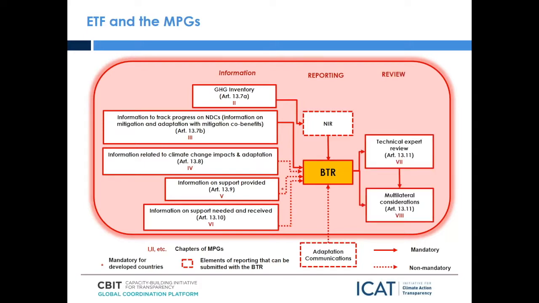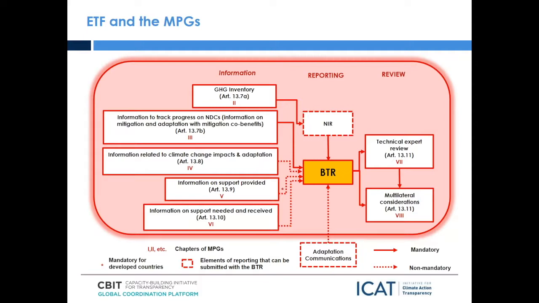Finally, in the right part of the figure, we have now the review process. In fact, the BTR and the NIR, if it's not included in the BTR, are the key inputs for these two elements under the column review, which consist of the technical expert review and the multilateral consideration of progress. And the MPGs also provide information on these two processes, and as you can see from the Roman numerals, they stand for the chapters of the MPGs that provide the information on these requirements.